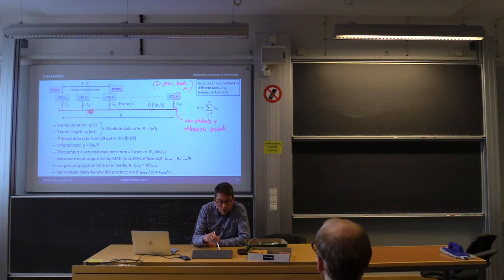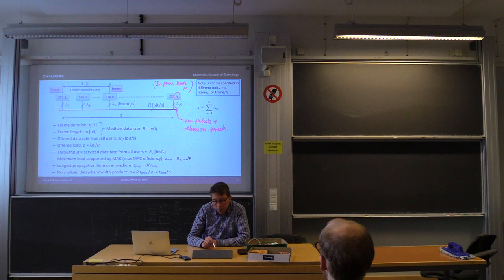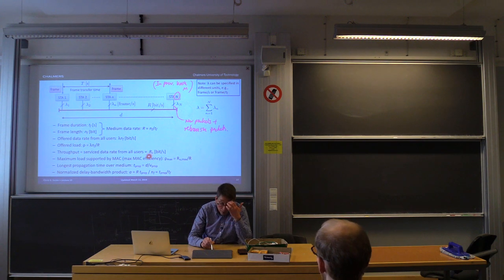There could be a few things going on here, but at some point it goes down here, and at some point it goes up here, and it takes t seconds to do this. So then the useful data rate from all users is a measure of how many frames are delivered per second multiplied by the number of bits per frame. So this is some useful data rate over this medium.